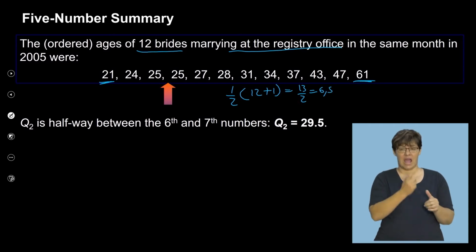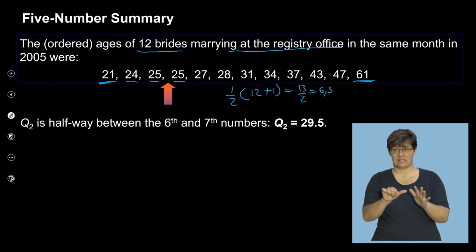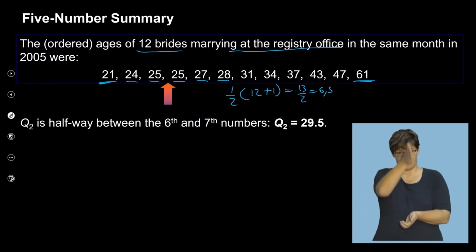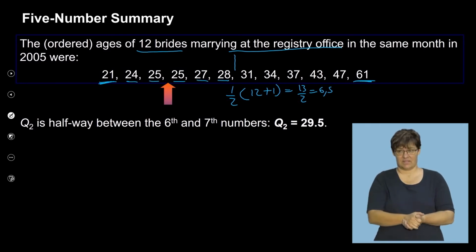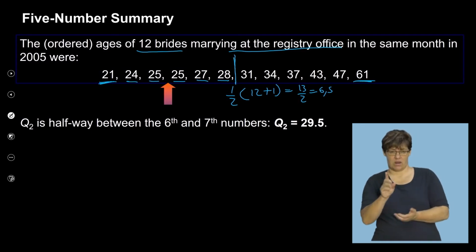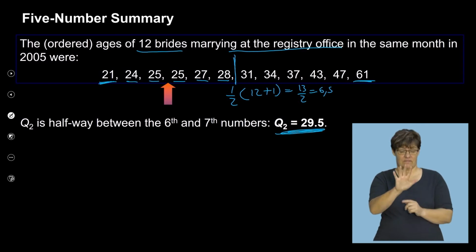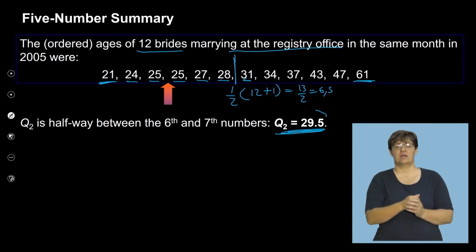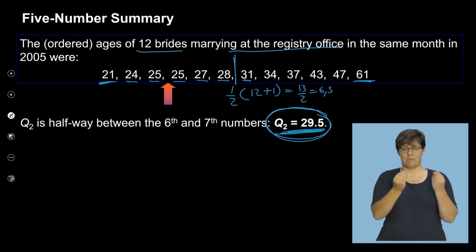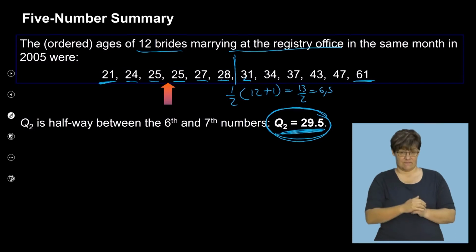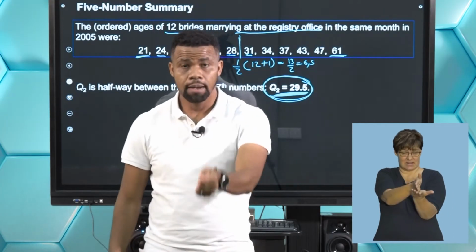Then you count to 6.5: 1, 2, 3, 4, 5, 6. 6.5 is between 28 and 31. This is how we got 29.5, which is 28 plus 31 divided by 2. So 29.5 is our median.